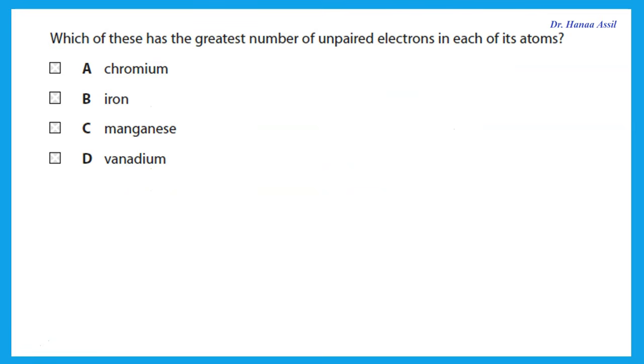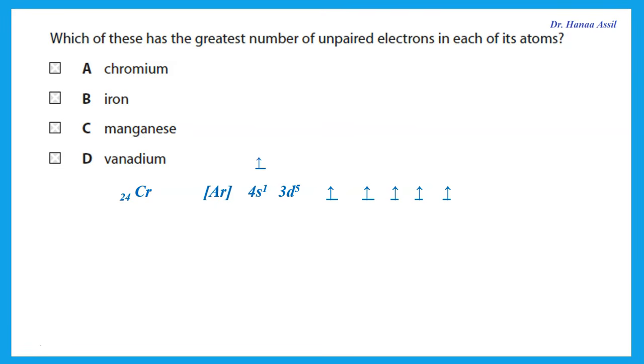This question says, which of these has the greatest number of unpaired electrons in each of its atoms? So when we draw out the electron configuration for chromium, for example, we said chromium is 24. It is 4s1 3d5. We said we do it like this so that we have half filled.